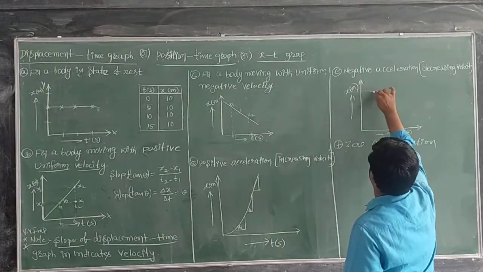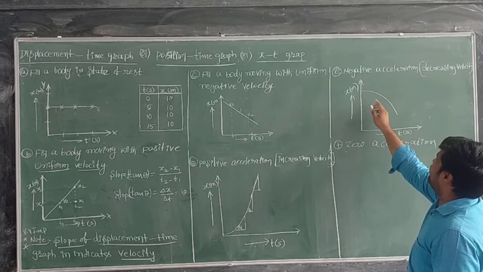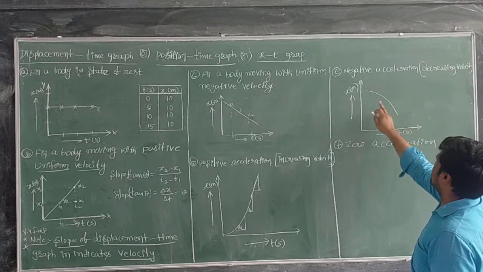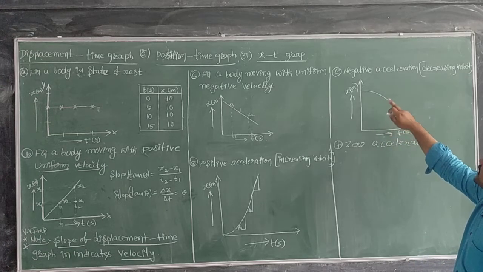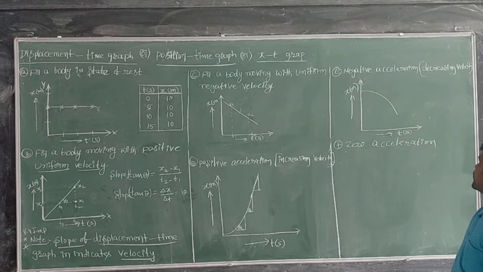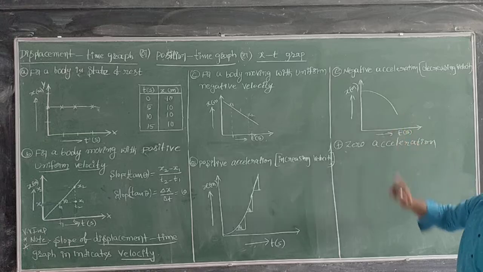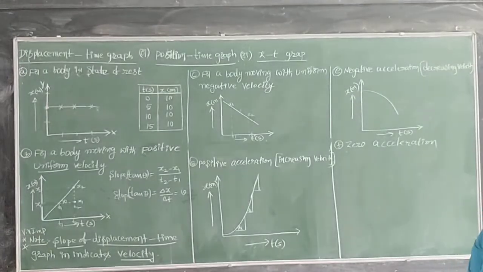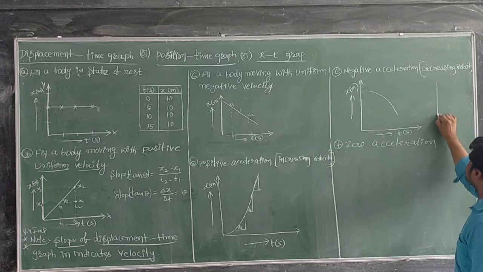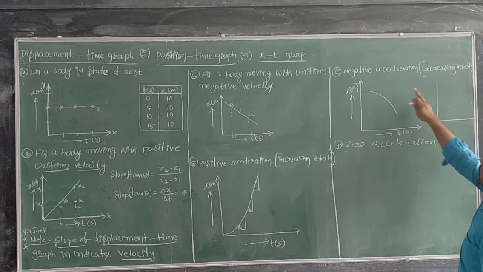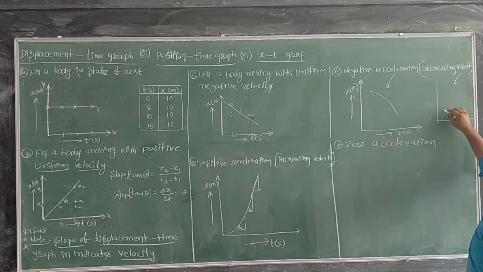Here the velocity value keeps on decreasing, so the velocity is positive but decreasing, and the acceleration is negative. You can take it like this also. This is for negative acceleration, for decreasing velocity.